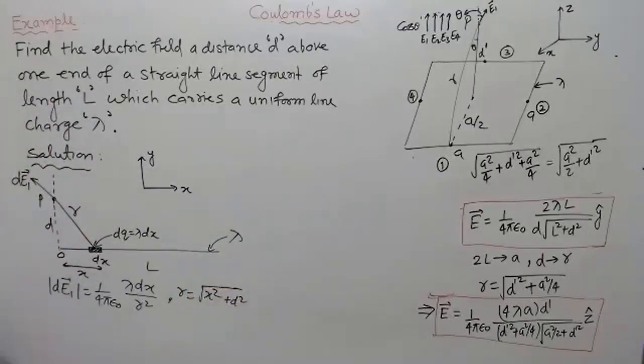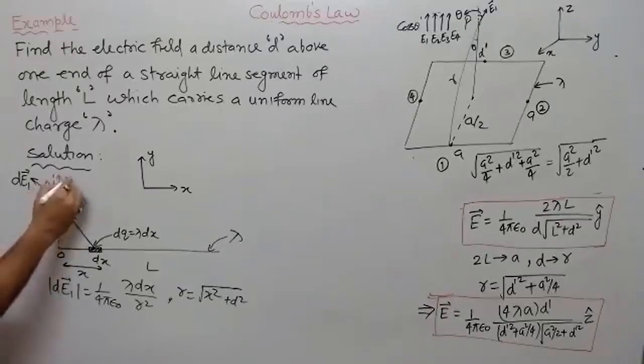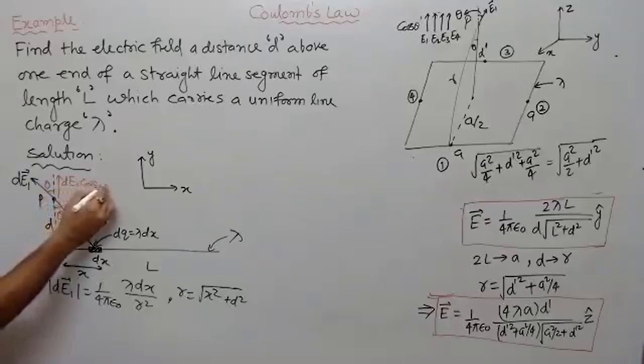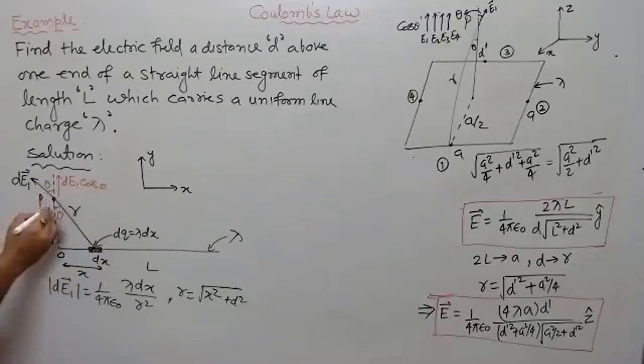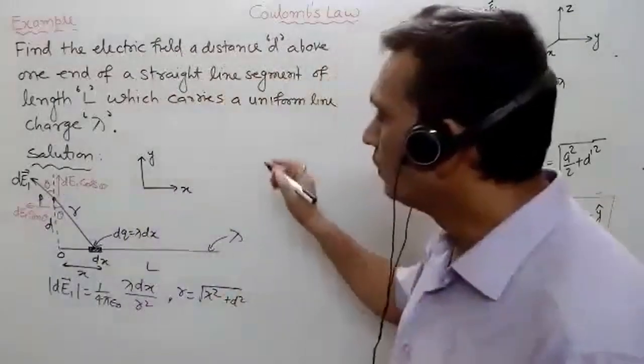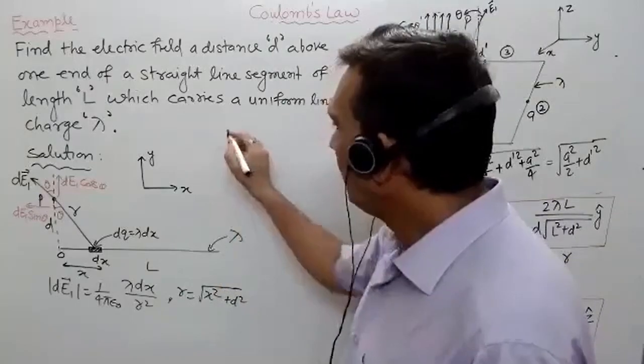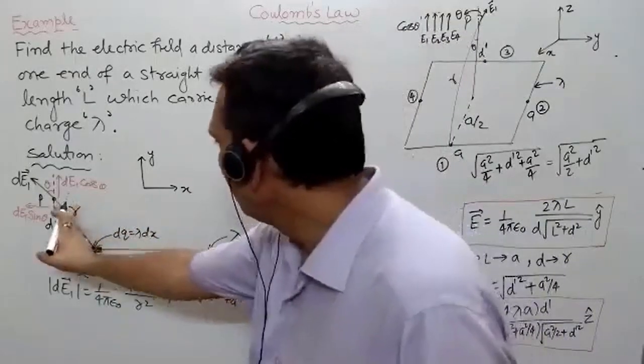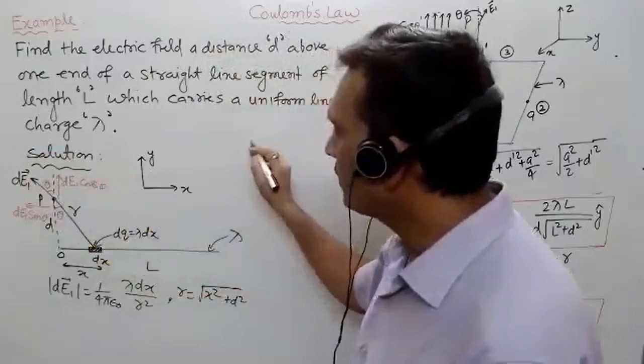Now in this case, if you resolve dE1, you will get two components. One is this component, dE1 cos theta, and another component is dE1 sin theta. So the resultant field will be along the y direction and minus x cap direction.